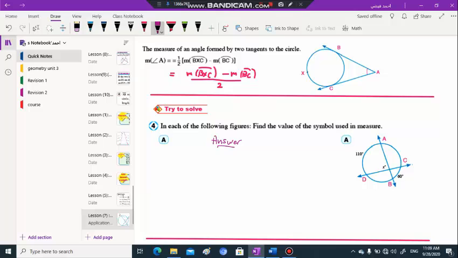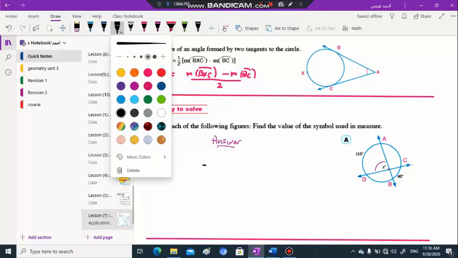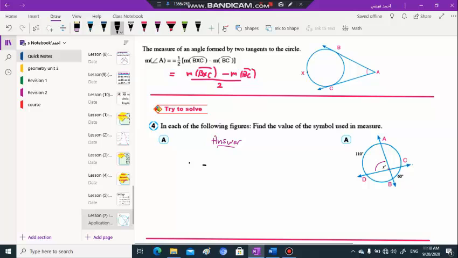We have two chords, CD and AB, that intersect at this point, and we want to find the value of X. To find the measure of angle X, we make it plus: the measure of arc AD plus the measure of arc BC, divided by 2.